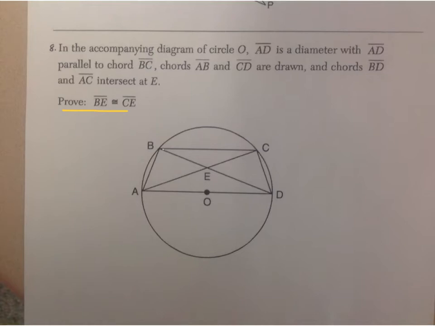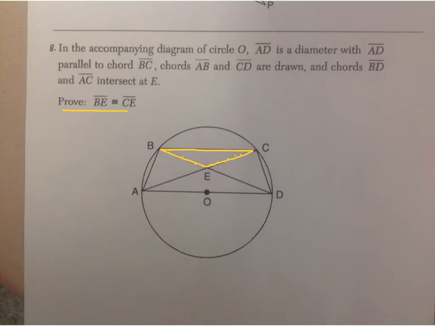So in this question, they want me to prove that side BE and side CE are the same. And I studied the picture in a few different ways, and I found that the quickest way to prove that is to prove that this triangle is an isosceles triangle.